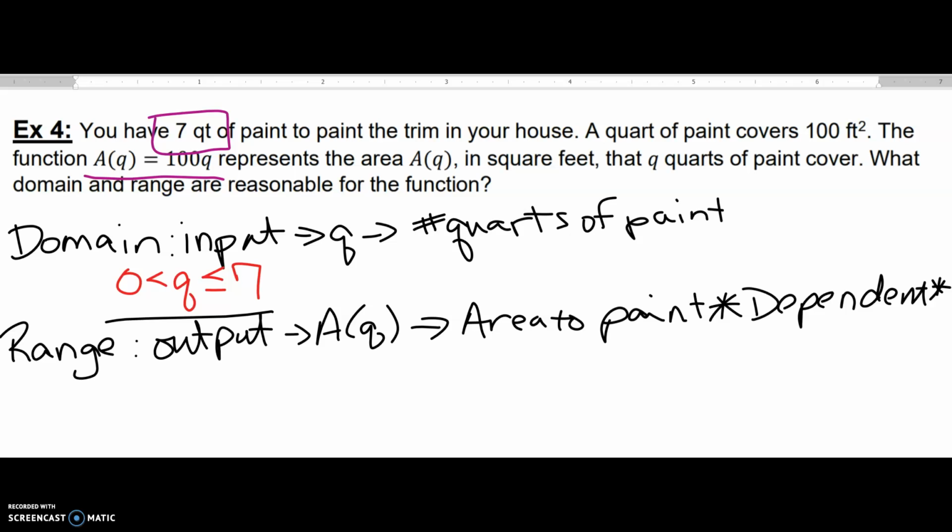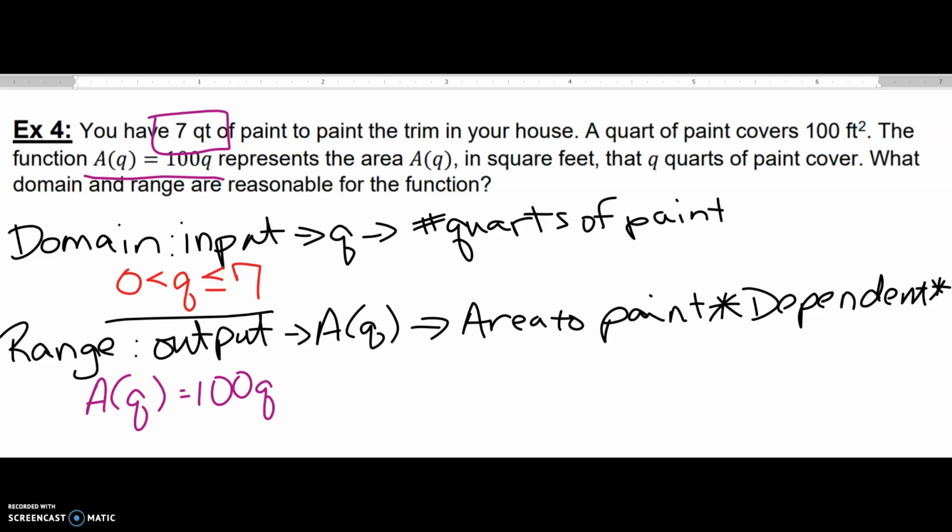So for our range, we're going to use our equation, which is A of Q is equal to 100 times Q. And what we're going to do is we're going to take those possibilities from our domain and plug them into this equation. Now, since we can be using any amount between 0 and 7, 0 and 7 are the numbers that we're going to plug in.